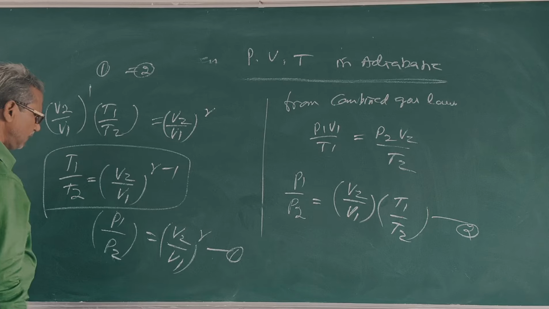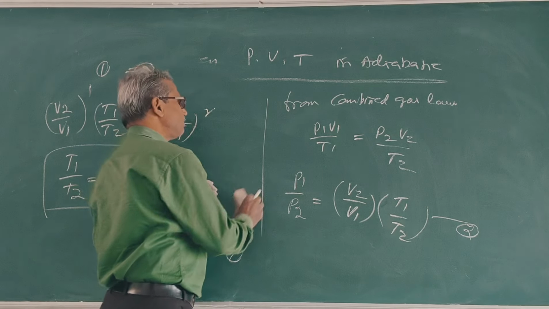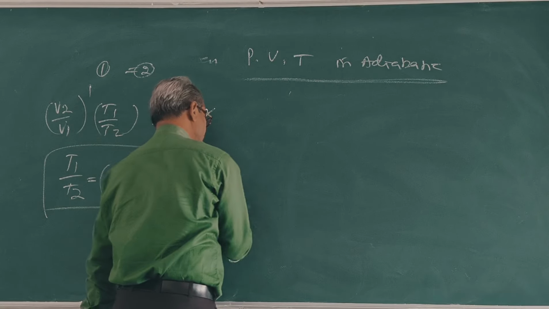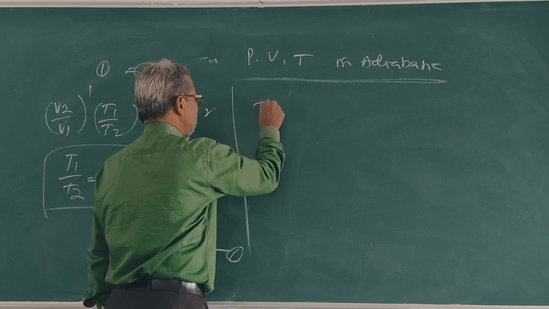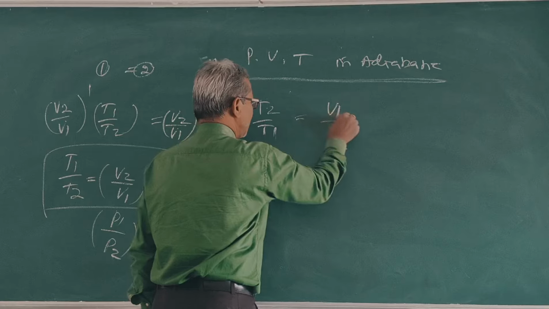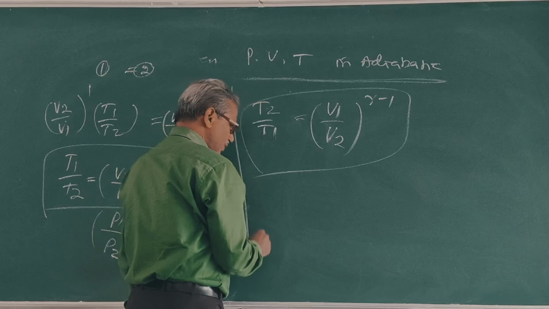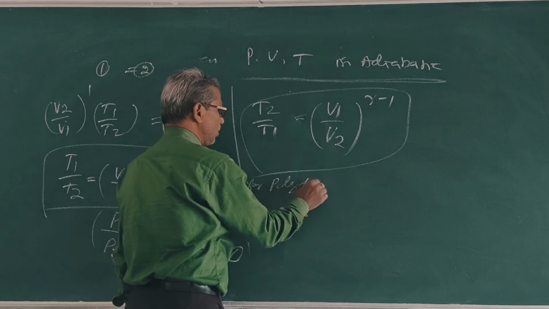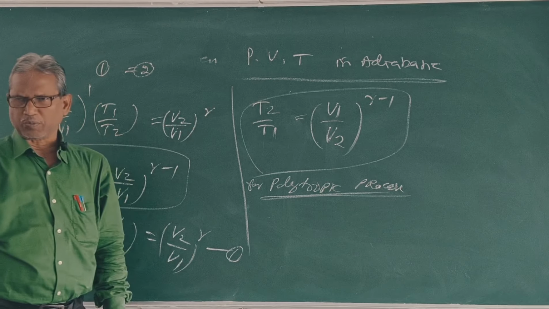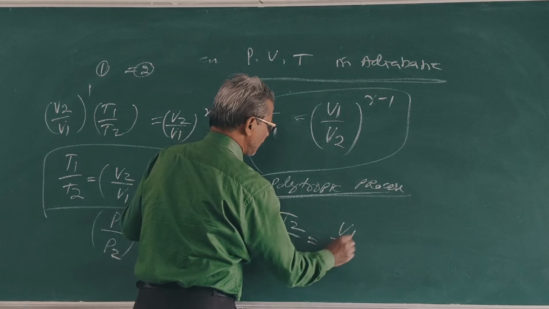Similarly, if I apply for adiabatic process, T2 by T1 is equal to V1 by V2 to the power of gamma minus 1. Clear? Similarly, for polytropic process, T2 by T1 is equal to V1 by V2 to the power of n minus 1.